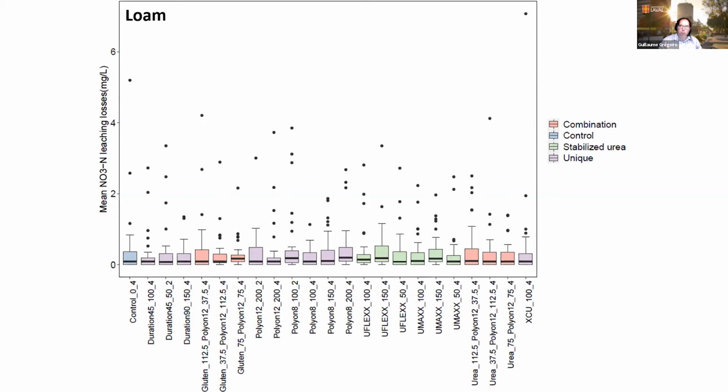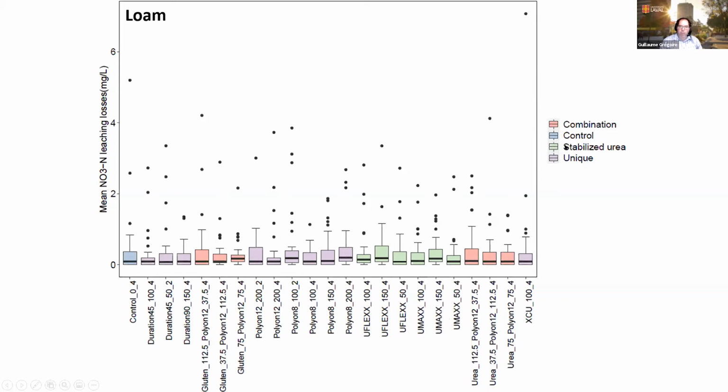You usually have a combination of quick release N, generally urea, and some part of slow release N, which can be either polymer coated or sulfur coated or other technologies to slow down the release of nitrogen. So that's what we tried with those combination products.